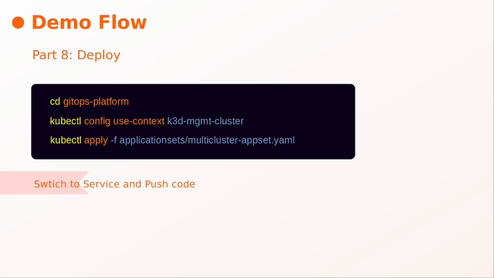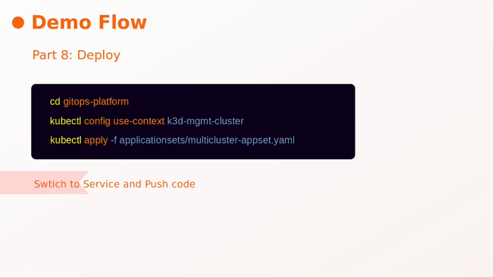Part 8. Deployment. Finally, you deploy the system. You start by applying the ApplicationSet configuration from the GitOps repository to the management cluster. This tells ArgoCD how to generate and manage applications across clusters. Then you switch to a service repository and push code.